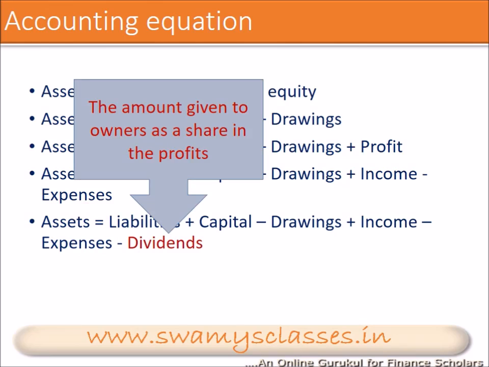The amount given to owners as a share in the profits. So dividends are nothing but a share in the profits given to the owners. As it is given, we are deducting this because no more the business owes this money to owners. But in case of loss, obviously there is nothing to share, so there won't be any dividends.